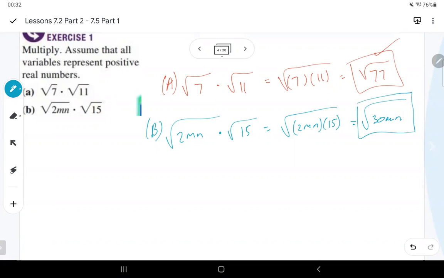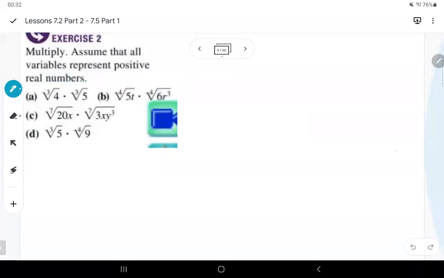Now, they tell us here that all variables represent positive real numbers. If they didn't have that, you would have to include m greater than or equal to 0 and n greater than or equal to 0, but you don't have to do that here because they've already told us that. However, if you remember this for the test, then kudos to you.